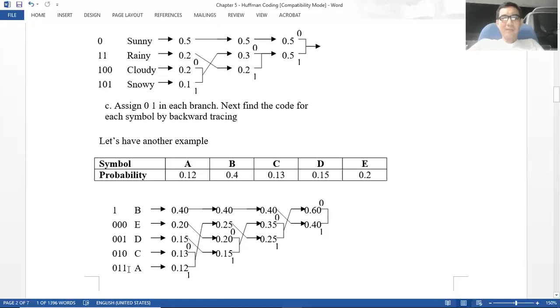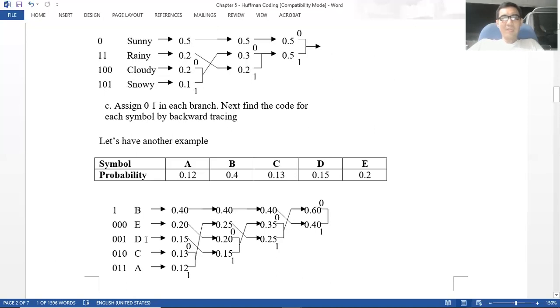So again, to get the code for A, the code should be: first branch 1, second branch 1, third branch 0. So 1, 1, 0. And then for C, first branch 0, second branch 1, so 0, 1. All right, and then third branch is 0, so 0, 1, 0.